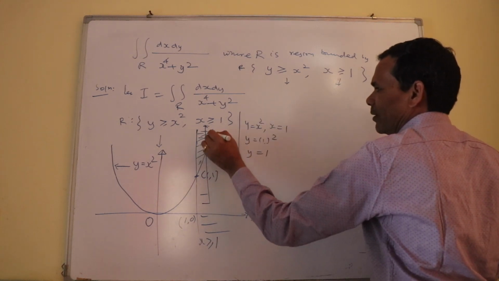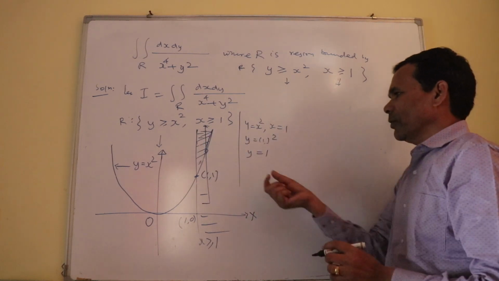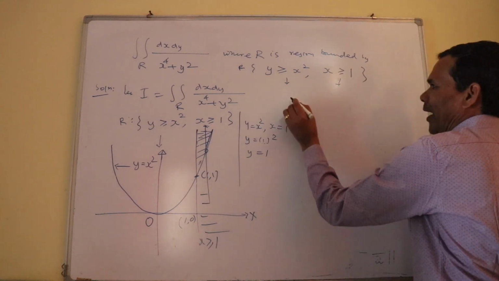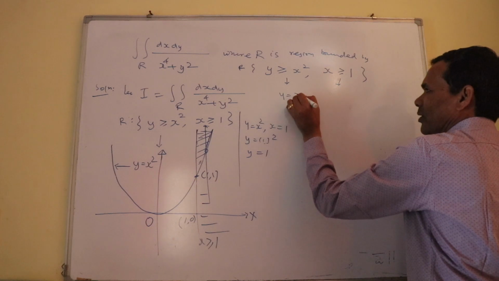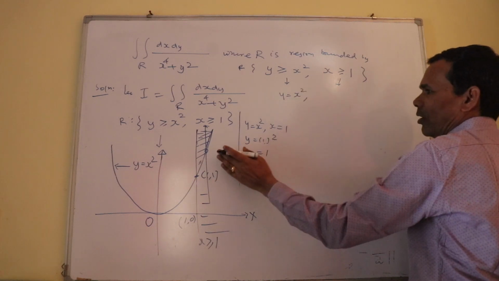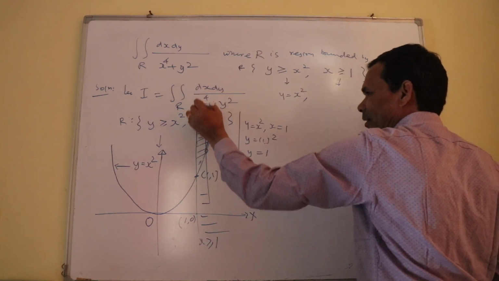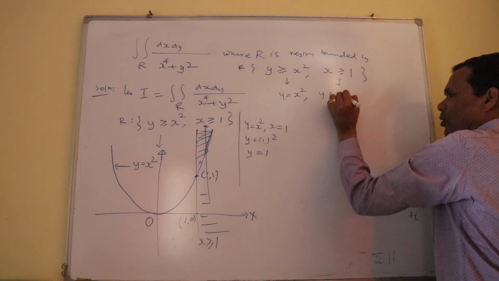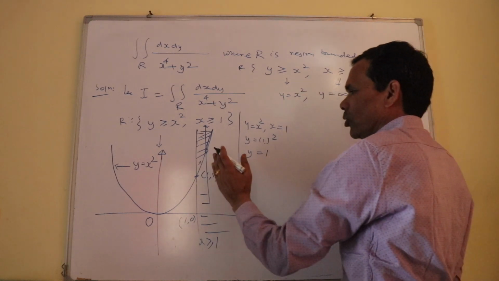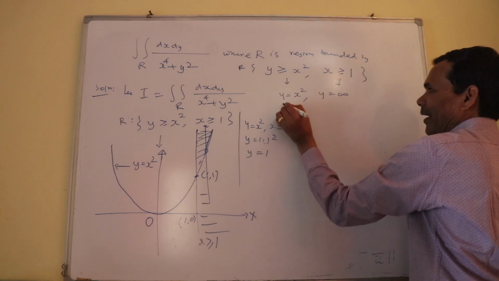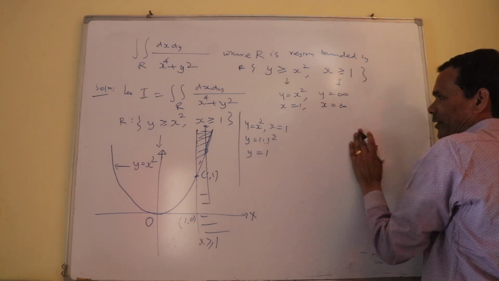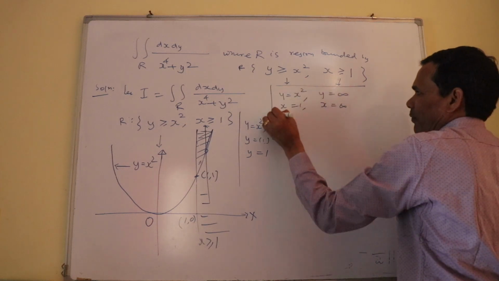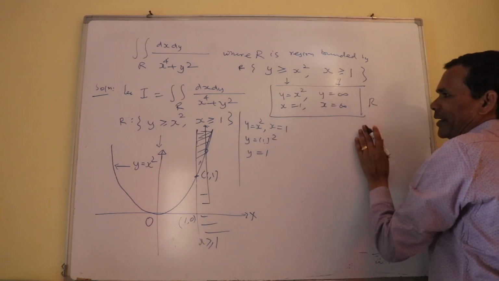So I encircle where the region starts, lower, vertical means y is equal to x square. Now it ends at infinity, the region is infinite, so y is equal to infinity, and you have to move the strip from x is equal to 1 to x is equal to infinity. So these are the limits of region R of integration.